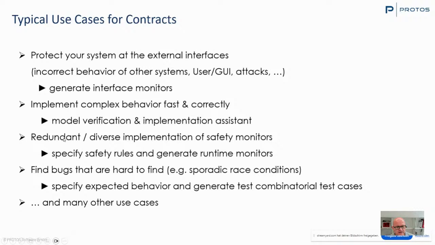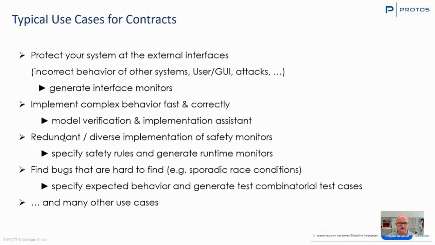Then you can have a redundant and diverse implementation of safety monitors. So if you have your functionality, which is usually very complex, you can create with those contracts a redundant and diverse implementation for those safety monitors that run on a separate processor, for example, and specify and implement the safety rules.